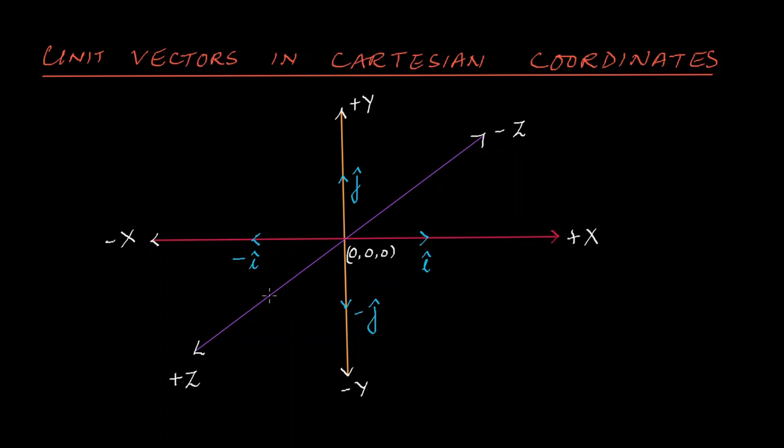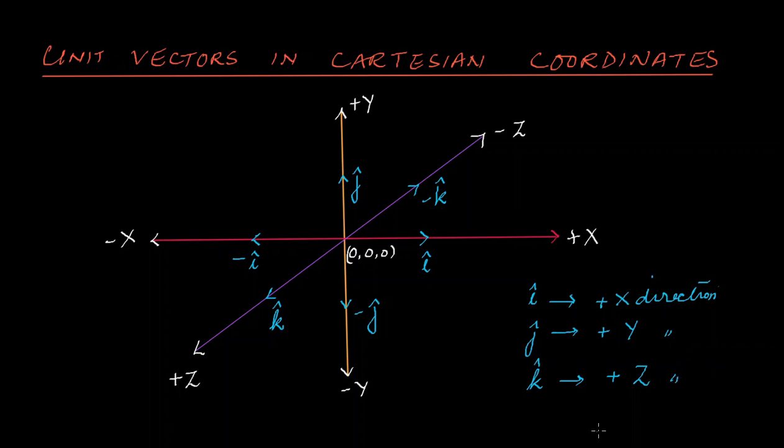Along the positive z direction, the unit vector is k cap, and in the negative z direction, it will be minus k cap. Got it? This is the rule acceptable worldwide. I cap is the unit vector along the positive x direction, j cap along the positive y direction, and k cap along the positive z direction.